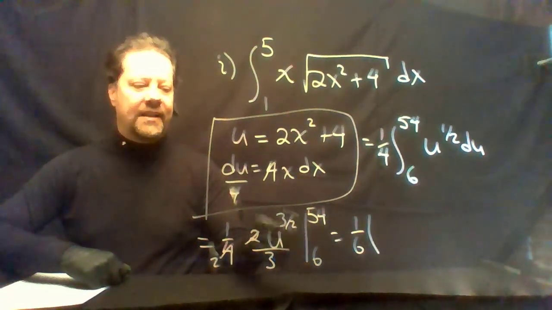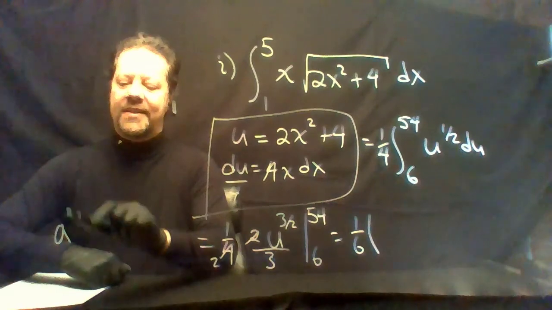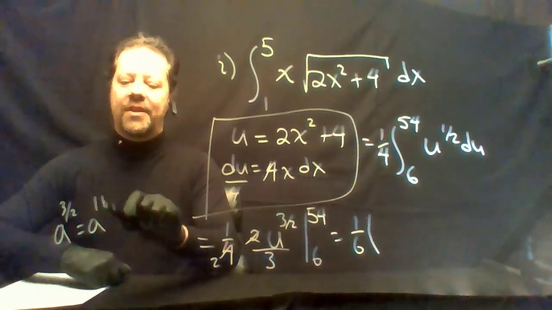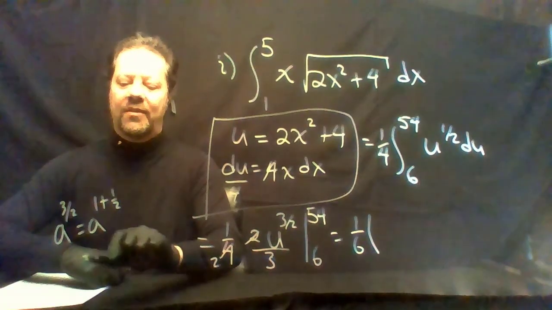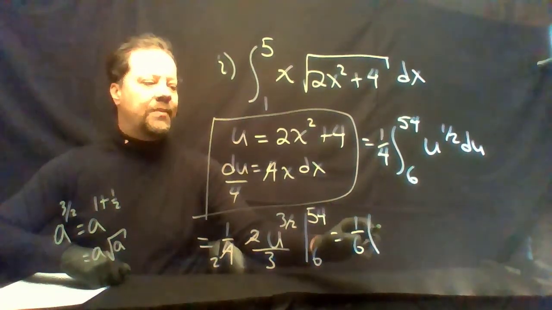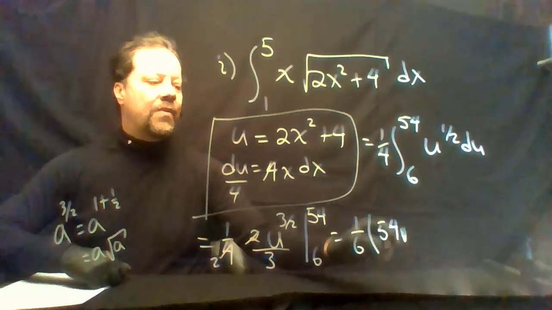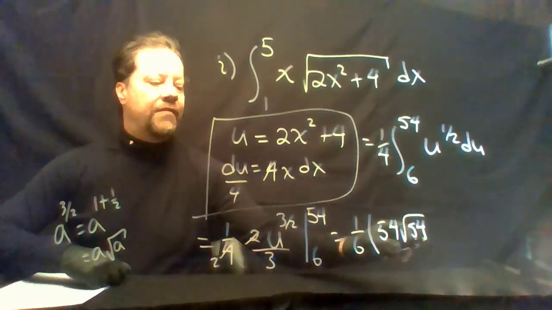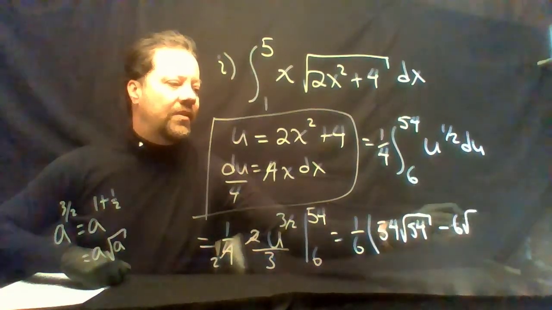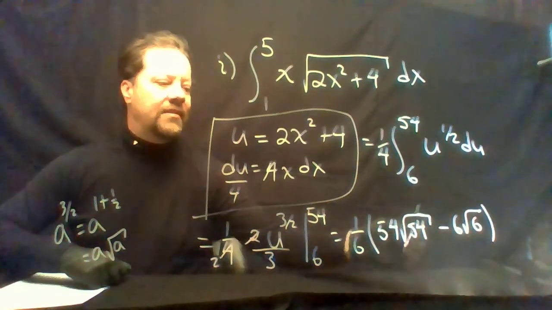Now, whenever you take a number and raise it to the power of 3/2, that is that number to the power of 1 plus 1/2, or a root a. So we'll have 54 root 54 minus 6 root 6.